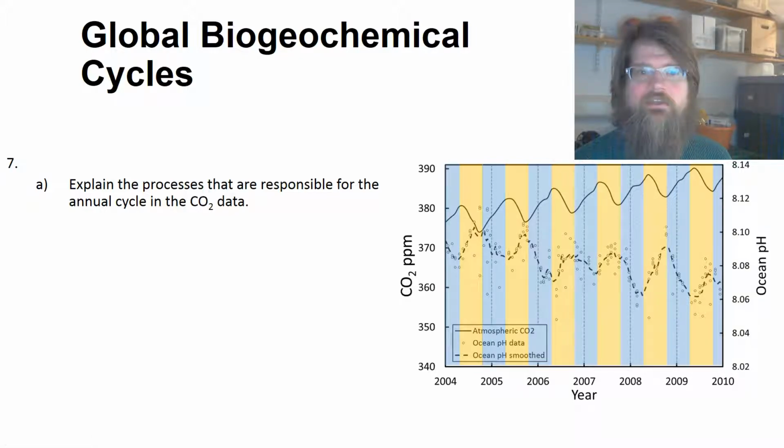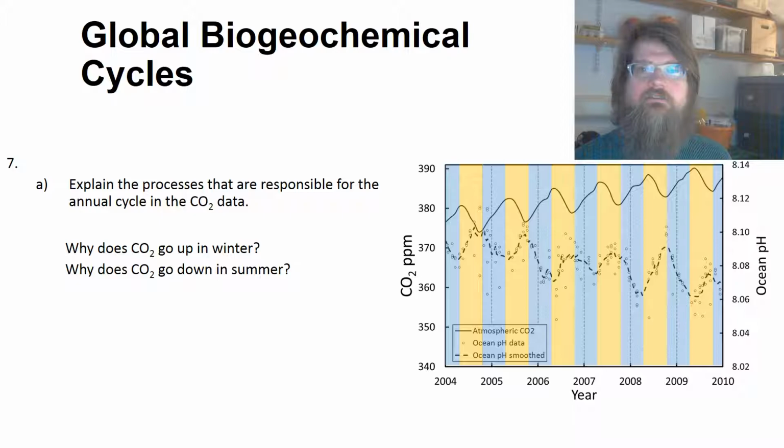We can think about this as rewriting the question in a way that's perhaps a little bit more prescriptive as to why CO2 goes up during the winters and down during the summers. That's the first observation one could make of the CO2 data, and that could form part of your answer to 7a. CO2 goes up in winter, down in summer. That's not what the question is asking, but it could form part of your answer.